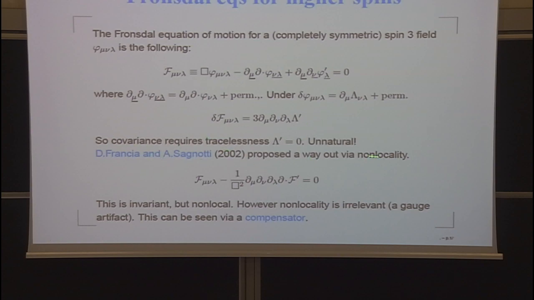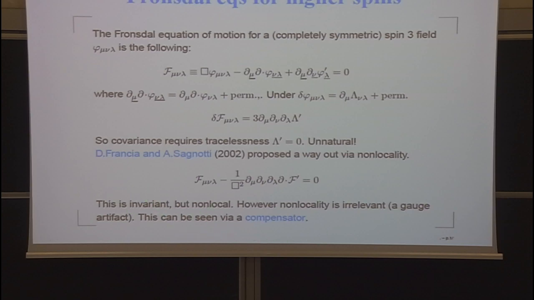And so Francia and Sagnotti, studying this problem, decided that it was possible to accept non-locality in this form. So this equation is invariant without imposing any constraint, but it is non-local. However, this non-locality is irrelevant, it is a gauge artifact.